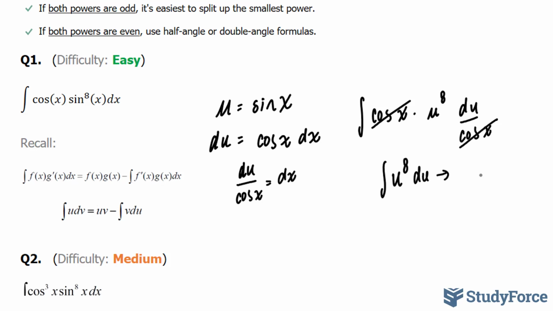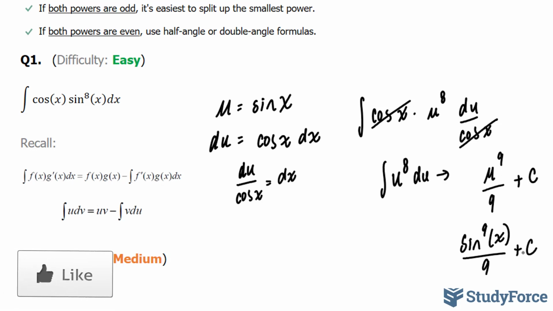The integral of u to the power of 8 is equal to u to the power of 9 over 9 plus c. Substituting sine x back into u, I end up with sine to the power of 9x over 9 plus c. And that is the answer to our first question.